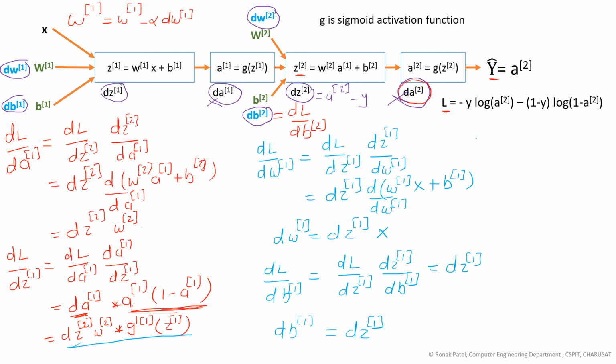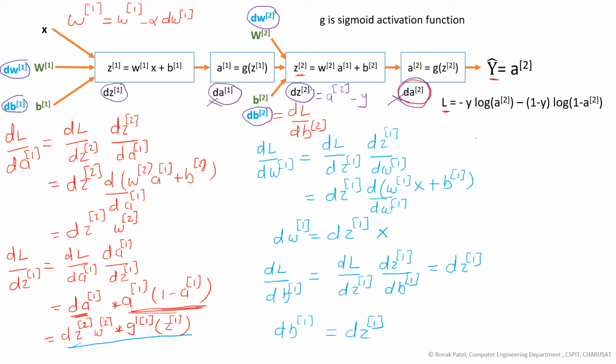So for this network, how many equations do we have? Now we have 6 equations: dz2, dw2, db2, dz1, dw1 and db1. These 6 derivatives you require to find out your gradients. Which are the gradients?